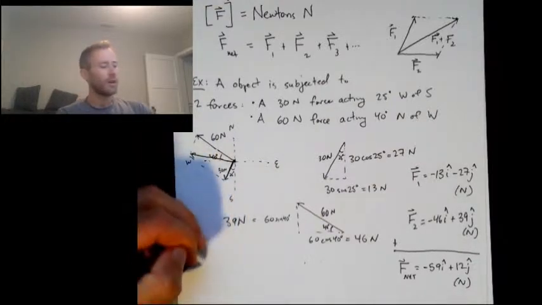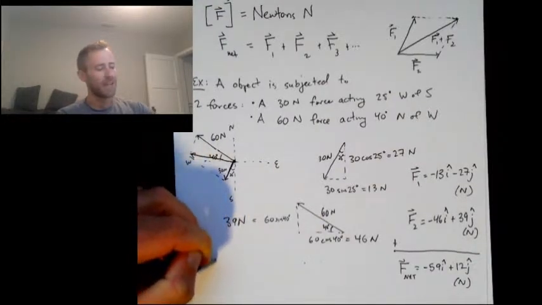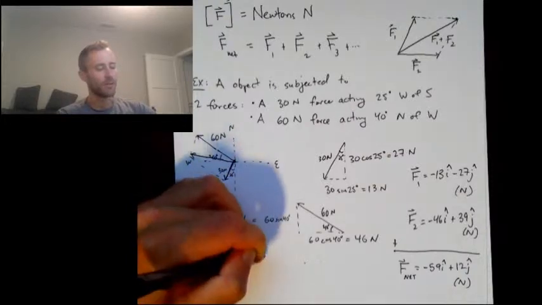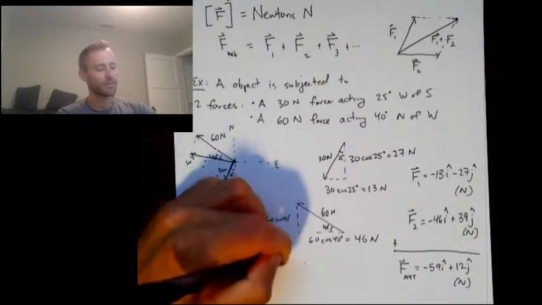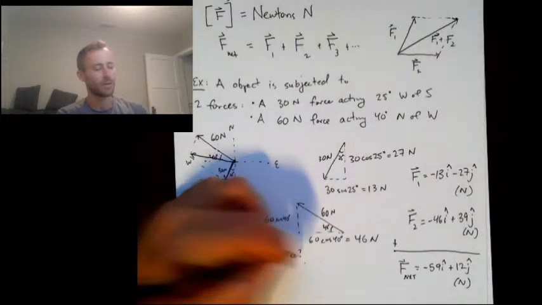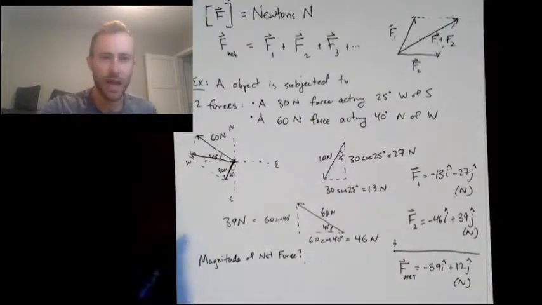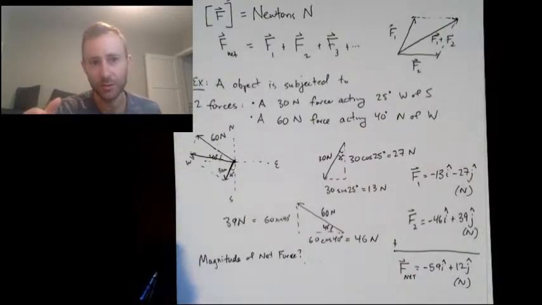Good. What if I wanted to know what is the magnitude of the net force? A problem that I've seen a lot of you having is that you are adding the magnitudes.